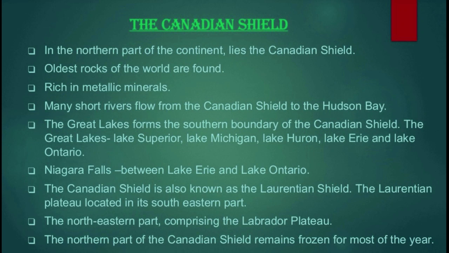Next one, from the Canadian Shield, many short rivers flow to the Hudson Bay. That is the path of the rivers, many short rivers. The next point is about the Great Lakes. Before that, you have to know the entire Canadian Shield was covered by thick sheets of ice during the last ice age.